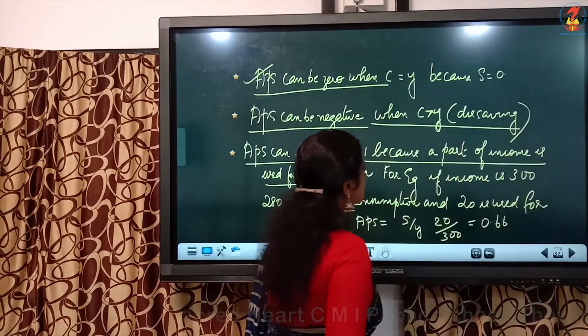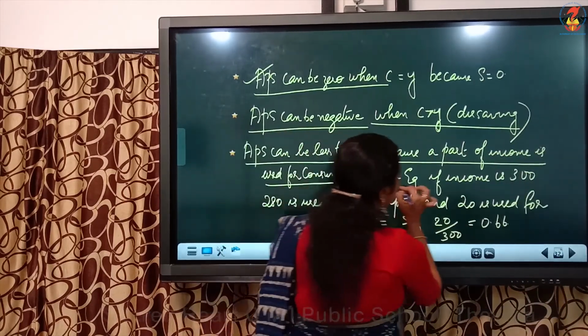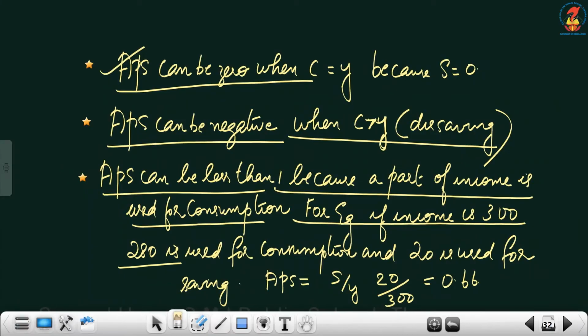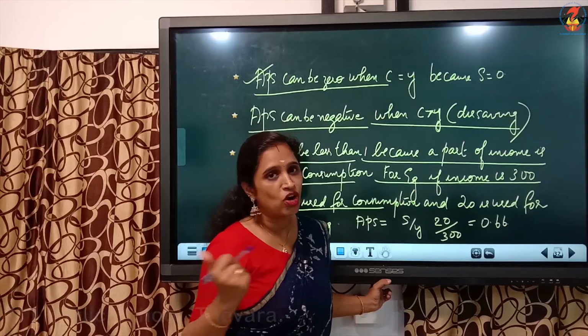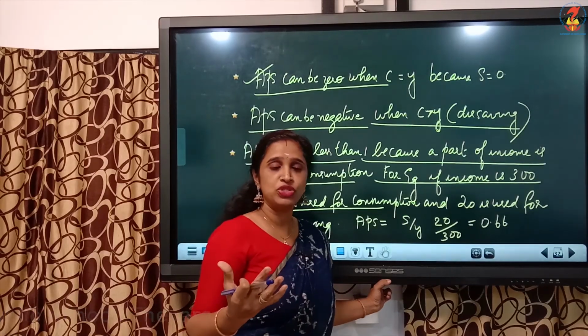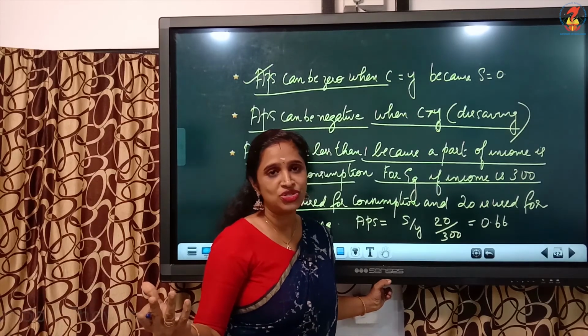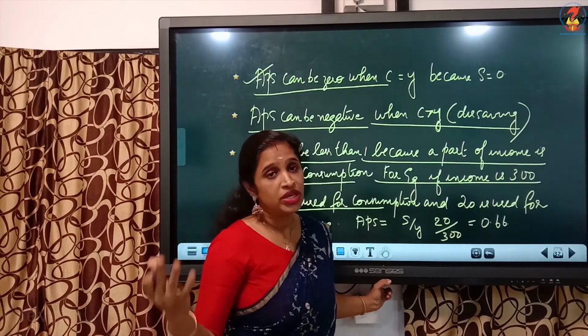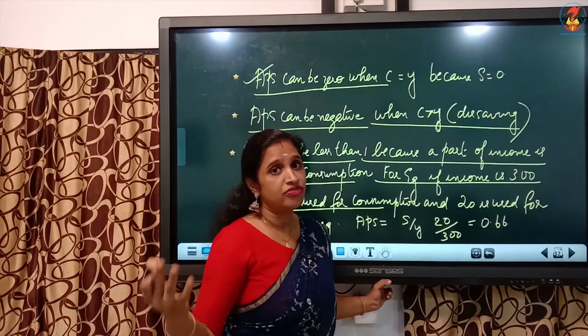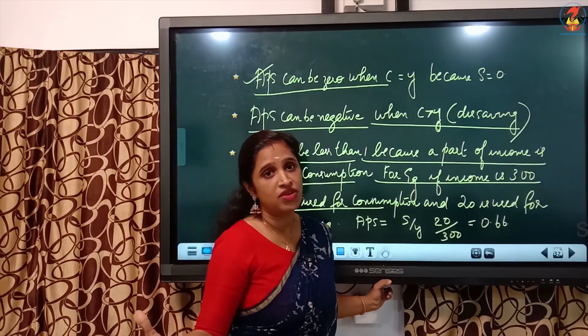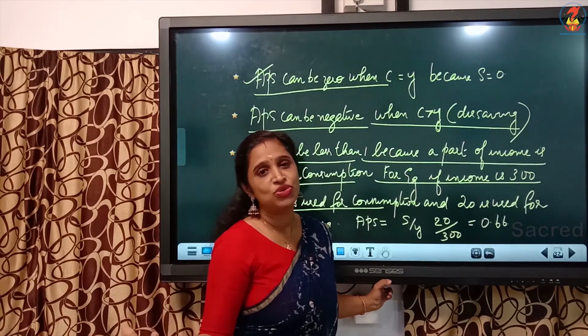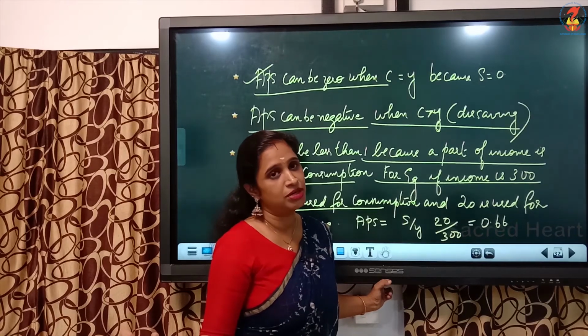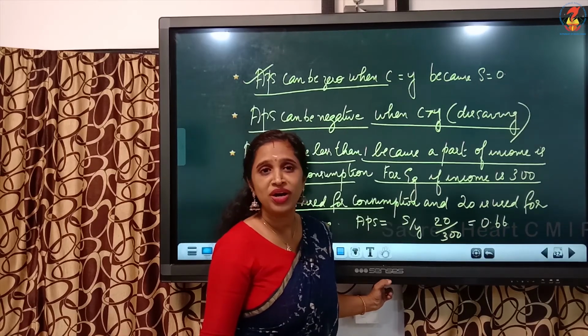Why is APS less than 1? For example, if income is 300, 280 is used for consumption. If the whole income of 300 is used for saving, APS can be equal to 1: S by Y, 300 by 300, is equal to 1.